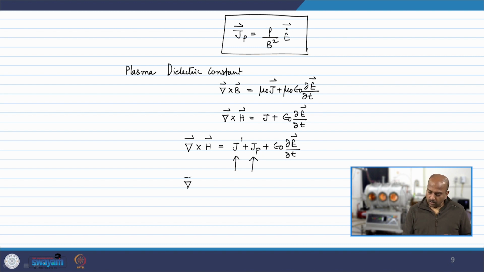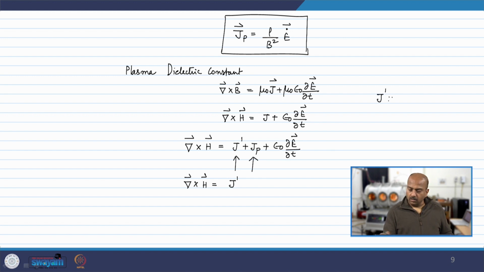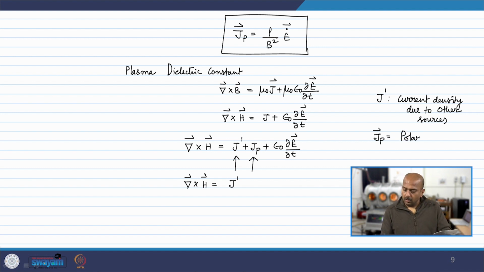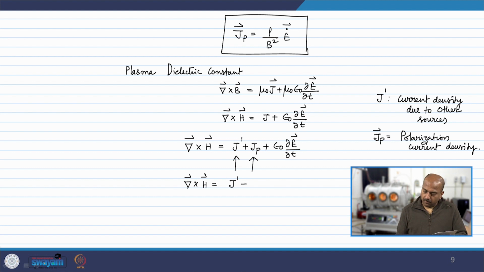So, using the expression that we have obtained, del cross H can be written as J prime plus Jp, where J prime is the current density due to other sources, and Jp is the polarization current density, which is rho by B square dou E by dou t, plus epsilon naught dou E by dou t.